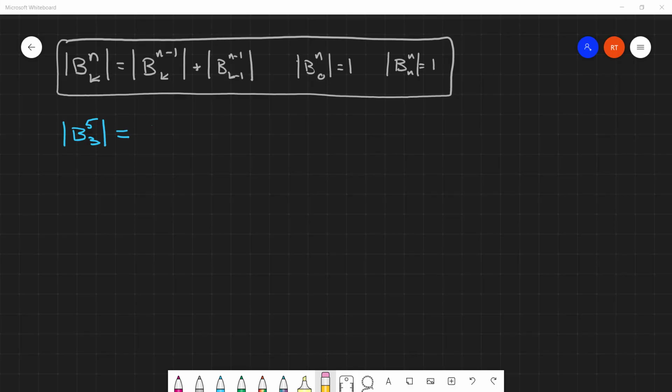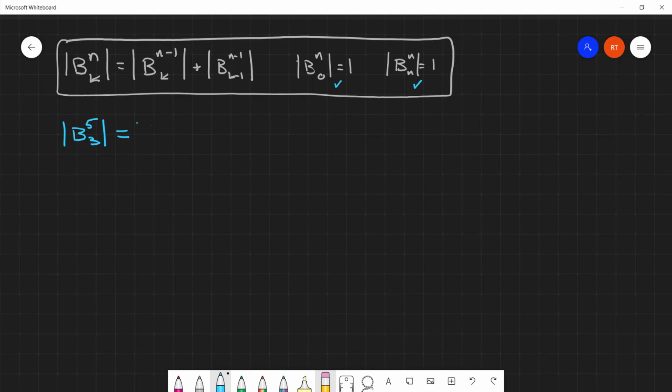So, armed with the recurrence relation and these two special cases, we can now actually find the number of 5-bit strings with weight 3. We're going to do this with recursion and the recurrence relation we saw earlier, which I've copied here for reference. We'll also need the two special cases to help us out in the recursive process, that is Bn0 and Bnn both equal 1 for any natural number n.